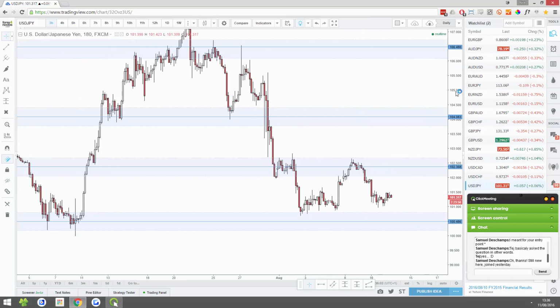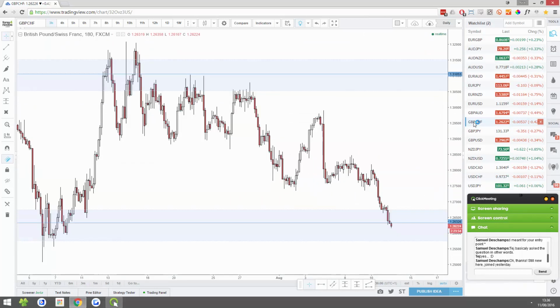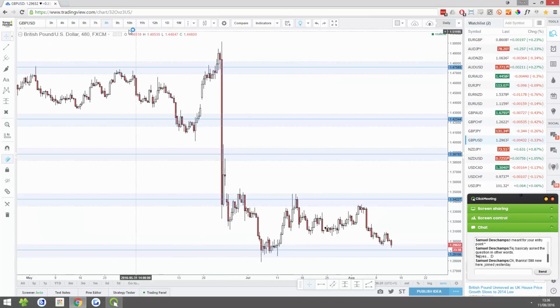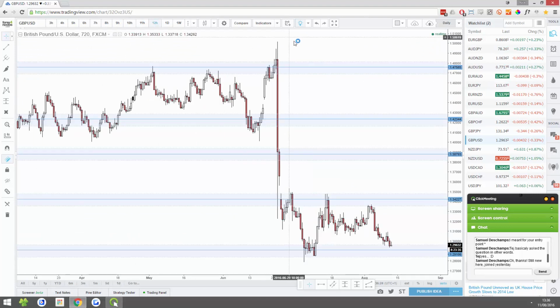It's possible. I'm going to be keeping an eye on GBPCHF and GBPUSD, even though I'm a little apprehensive to trade these pairs, especially as a long. I'll still keep a close eye on these ones and see what happens in the coming 8-hour candle or the coming 12-hour candle. See how that plays out.